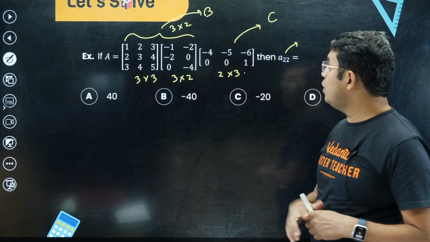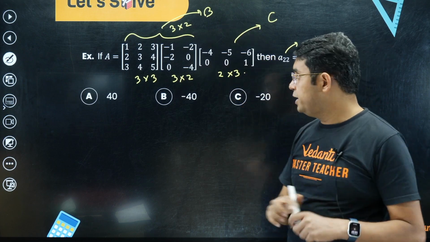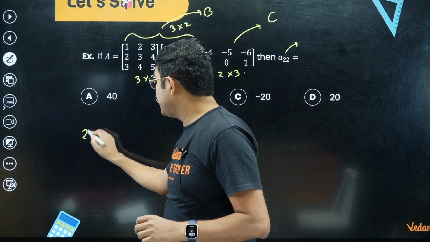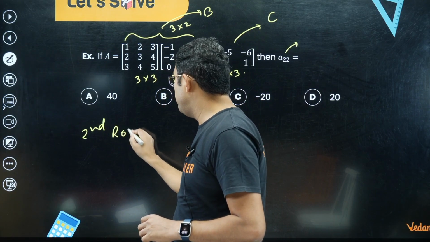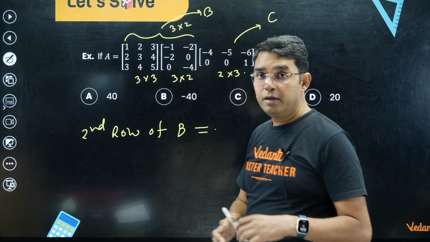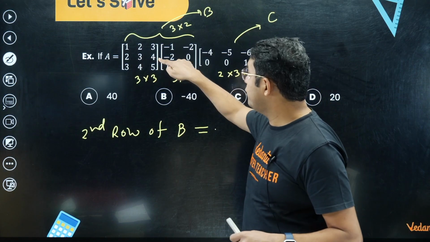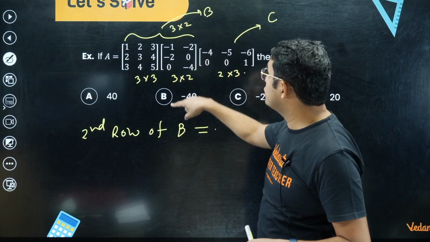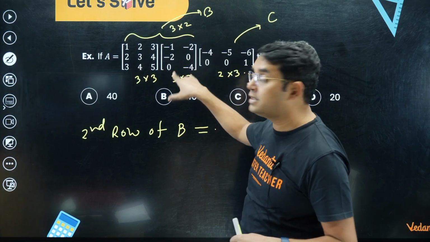So I need to know what my second row of B will be. If I am looking for the second row of B, it should be found by the second row of A multiplied with the first column and then the second column of this matrix.